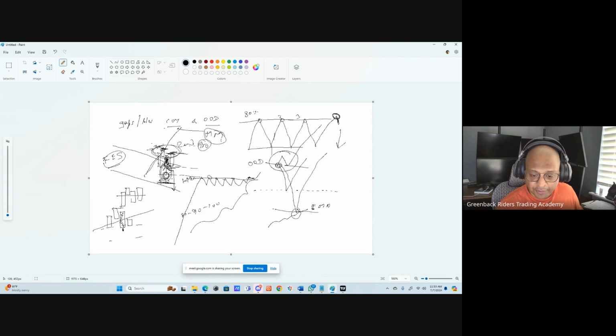Why? People bought the close of this, but it has not closed above the top of this red bar. If it does, that's my buy setup. But if I get another bear bar here again with a wick, this was my first entry short, leg down, leg up, and leg down again, second entry short.